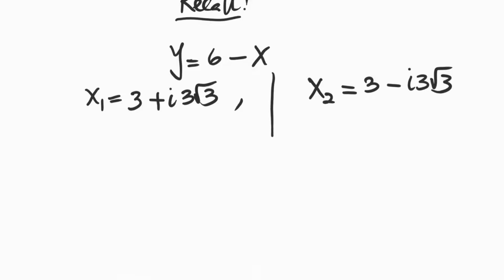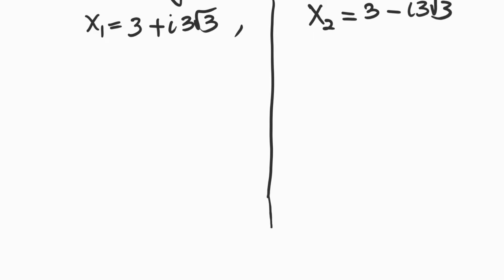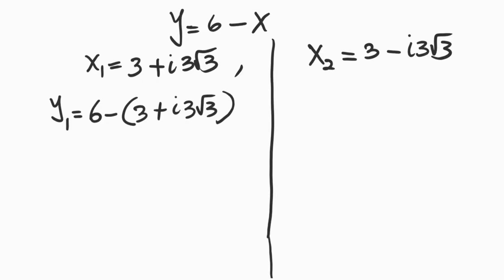We're going to try to solve this simultaneously, side by side. Now, y1 is equal to 6 minus x, where the x value is 3 plus i3√3.